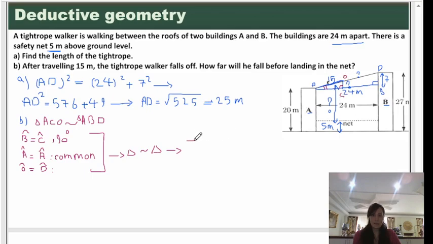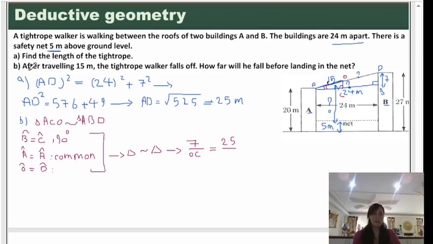So I say 7 over OC equals AD, which I found in part A, which is 25, over AO.